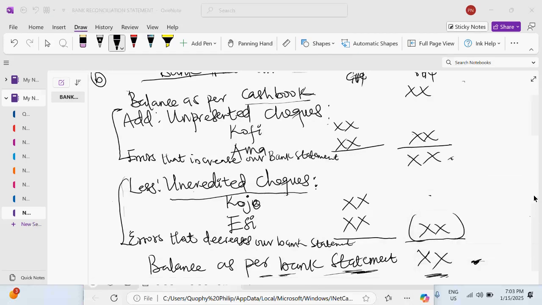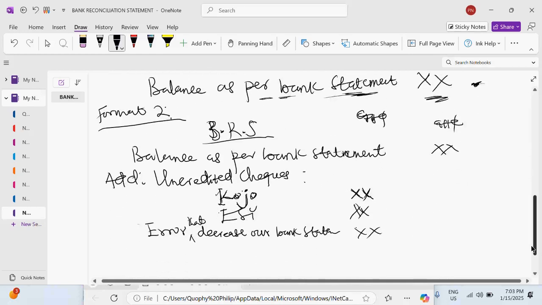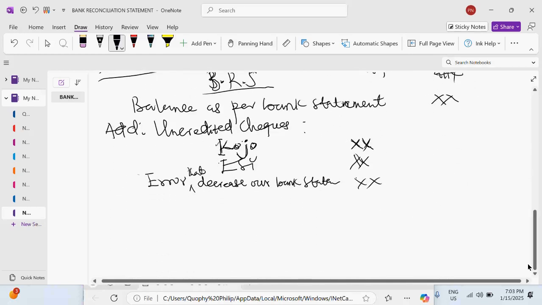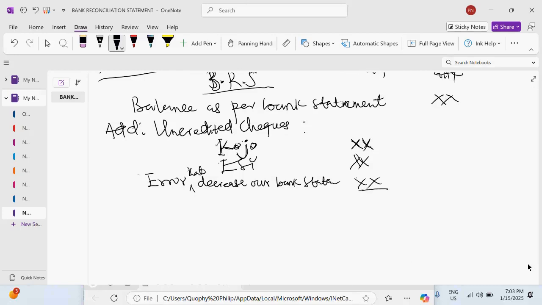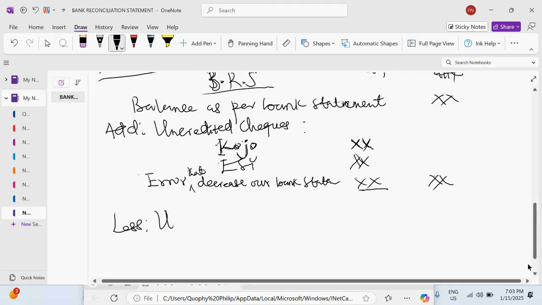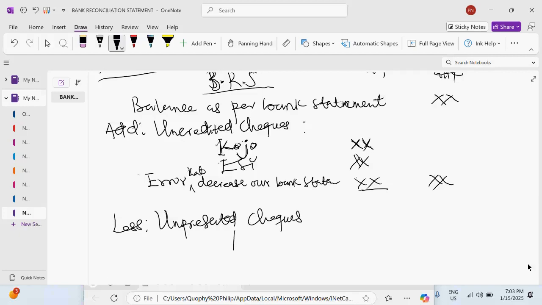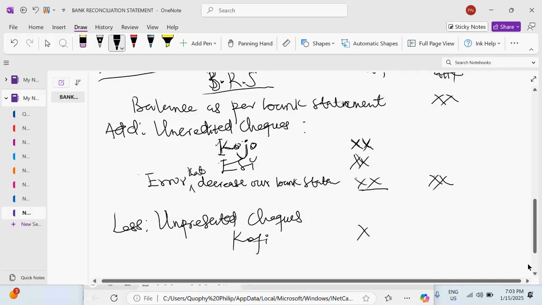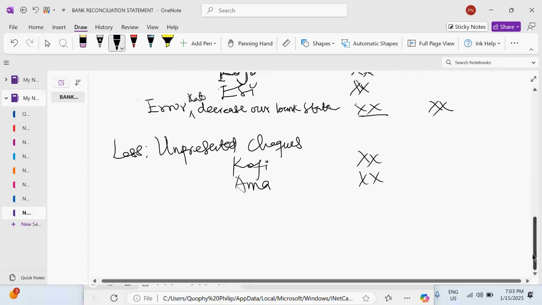Okay. So now, let's continue. Error that decreases our bank statement is this, and we add it. If we add it, that'll give us the total. Then we less unpresented checks. Unpresented checks: Kofi and Ama.